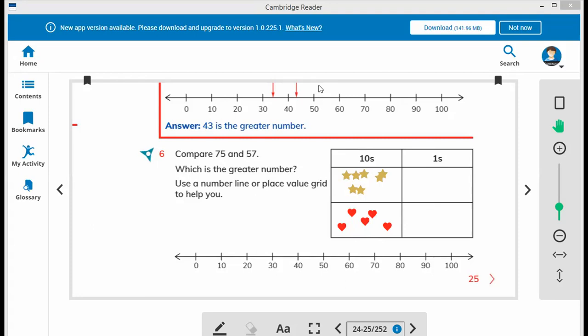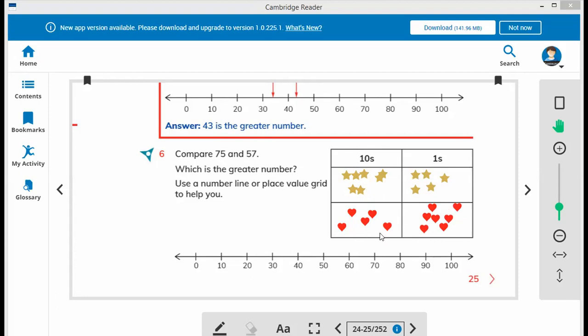So let's say we have ones also. So we have 1, 2, 3, 4, 5. 1, 2, 3, 4, 5, 6, 7.